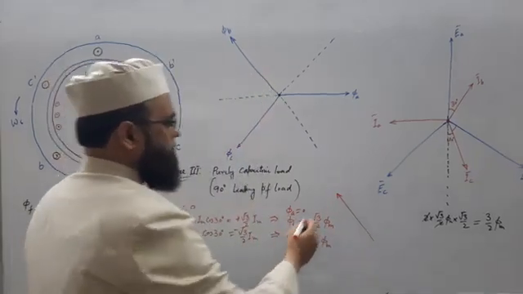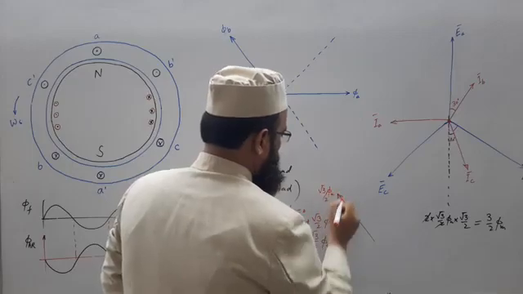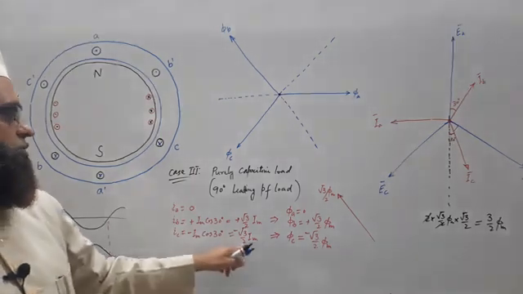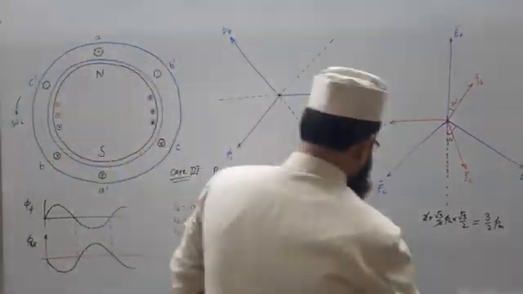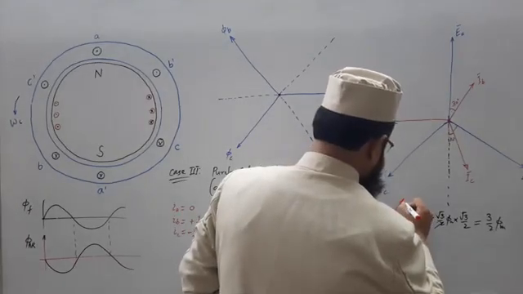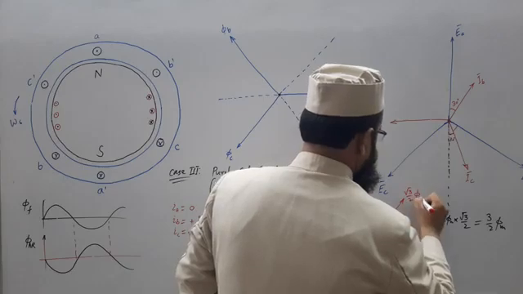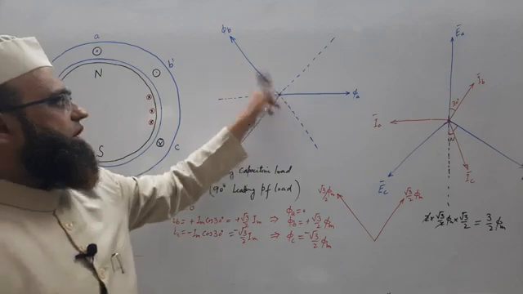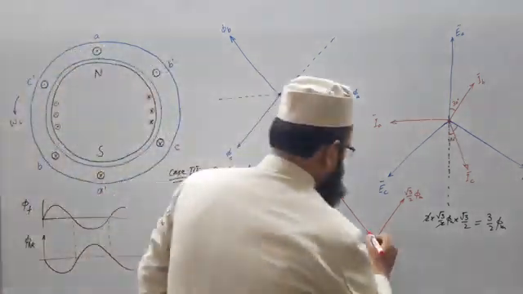The magnitude is root 3 by 2 phi m. What about C? Negative. Root 3 by 2, C is this, so negative direction of this, magnitude is root 3 by 2 phi m. The angle between these two is 60 degree.